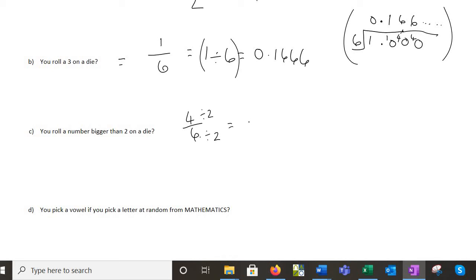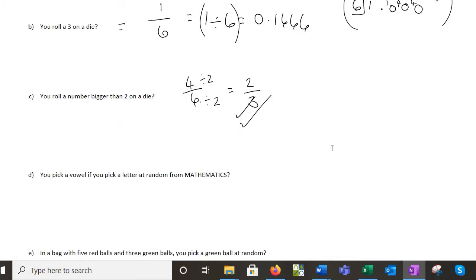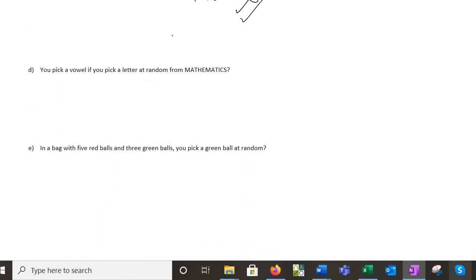These are both in the 2 times table, so I'm going to write that as 2/3. Now this step, do you know how I said you maybe don't need to do that? You absolutely need to do this. You need to write that as 2/3. Don't leave it as 4/6. We could work that out as a decimal, but I've shown you how to do it now. I don't think we need to do it over and over. Most of these will be fine to leave as fractions.